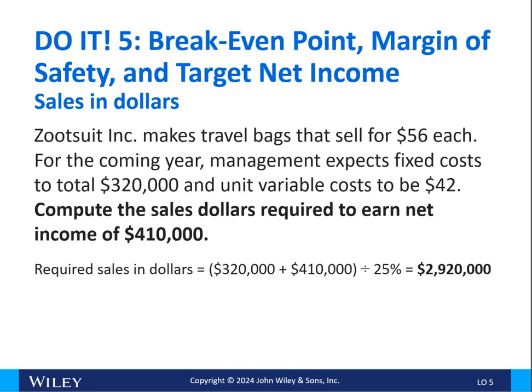We add those together. We divide by the contribution margin ratio percentage. So that's 25%. We get $2,920,000 of sales. That's the level of sales we need to earn net income of $410,000.